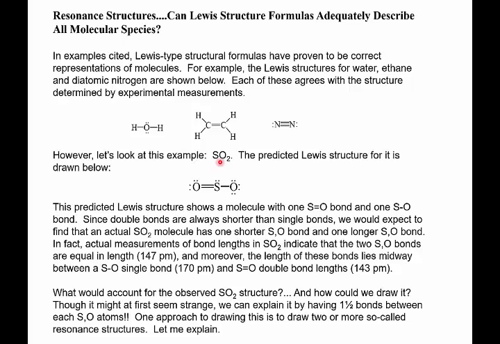They're both equal. Moreover, their length is halfway between what we see for an SO single and an SO double bond. The observed SO bond lengths lie midway between what we observe for an SO single bond, 170 picometers, and for an SO double bond, 143 picometers.